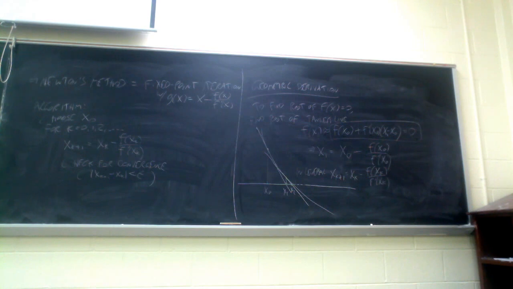But technically, just English usage, superlinear really means anything greater than 1. Part of it's just what the terms mean. But the point is, this analysis, either Monday or today, did not show anything about it being quadratic.